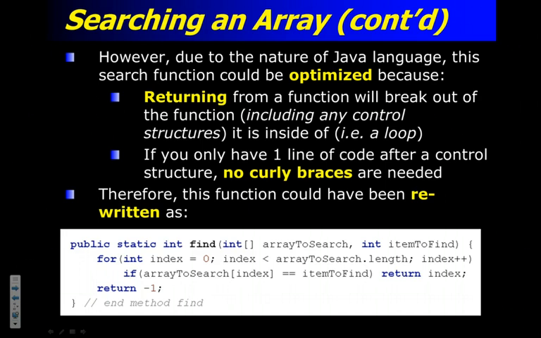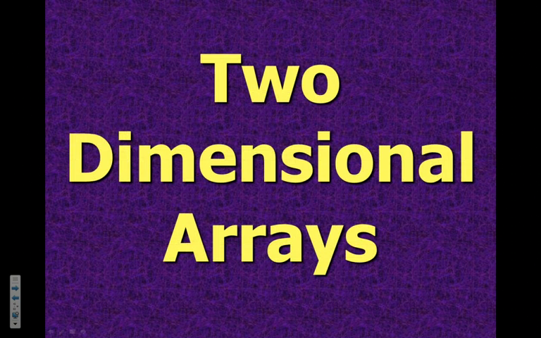Why is -1 a good number to return when I can't find it? Right, there is never going to be a spot -1 in an array because that's before 0, which means it won't exist. So -1 is a good number because it's never going to be a valid spot in the array. Anyways, we don't need to worry too much about that. Searching is a little more of a grade 12 concept.